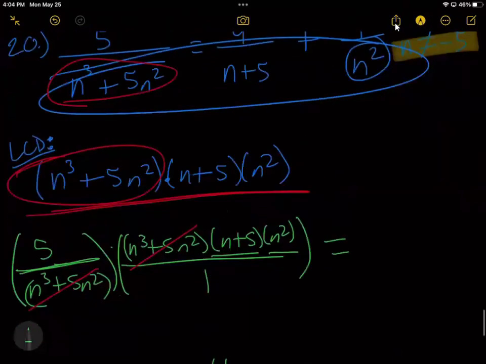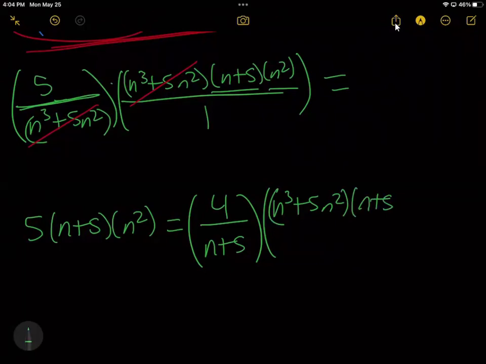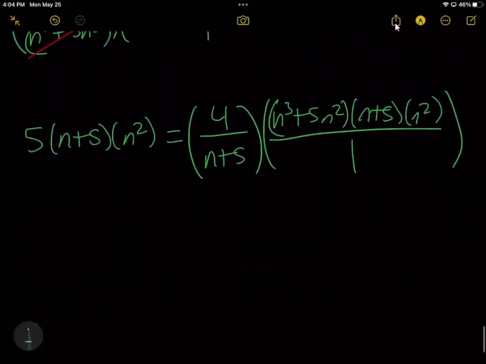So 4 over n plus 5 times my n cubed plus 5n squared times n plus 5 times n squared all over 1. So ugly. I'm going to do it term by term because it's just too much.